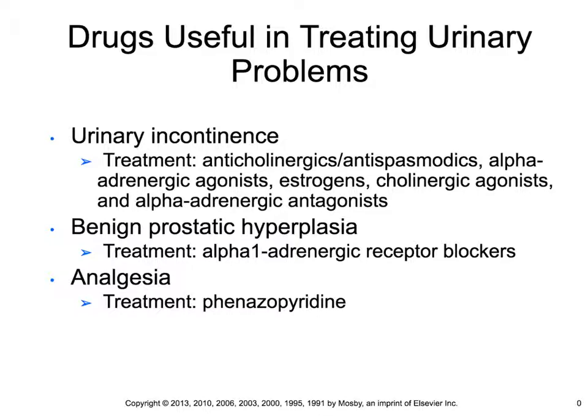So when we talk about benign prostatic hypertrophy, this is a non-cancerous growth of the prostate gland that can cause voiding problems. So finasteride, Proscar, can be used. Tamsulosin or Flomax also can be used.